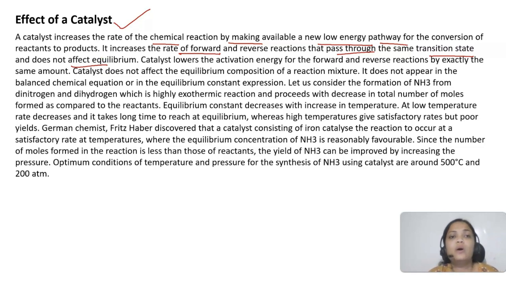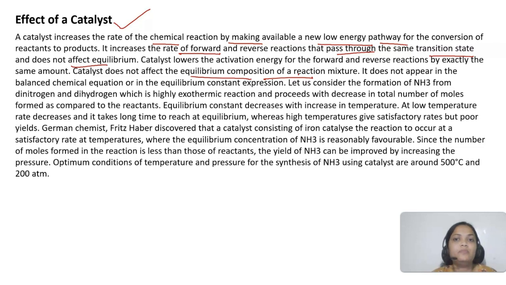Okay, so it will just lower the activation energy for forward and reverse reaction by the same amount ताकि equilibrium जल्दी achieve हो जाए. Okay, it is not affecting the equilibrium composition because it is not participating in the reaction.